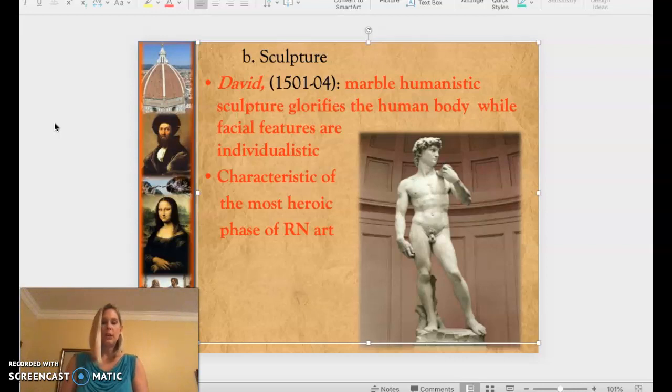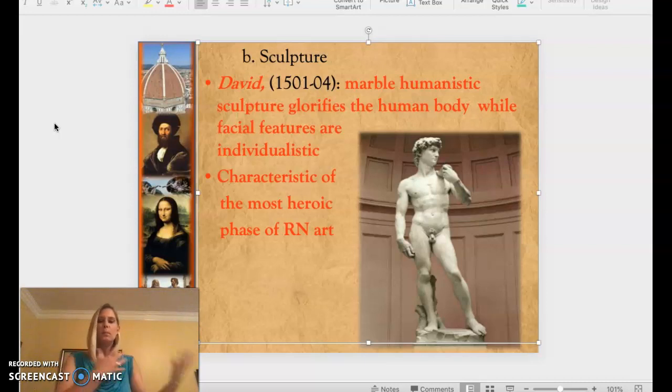We know that it was commissioned by the Florentine government, specifically the Medicis owned this at one time. In fact, there's another version of it that Michelangelo did, almost like a copy, that is right outside the famous government plaza, because originally this David was housed there, but then they were concerned about the weather getting to it.